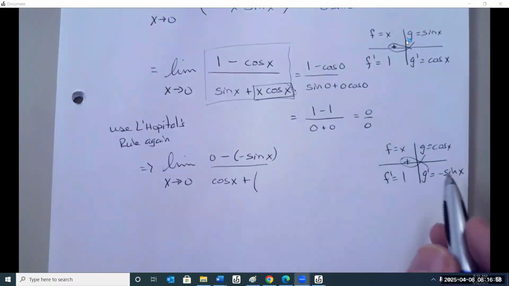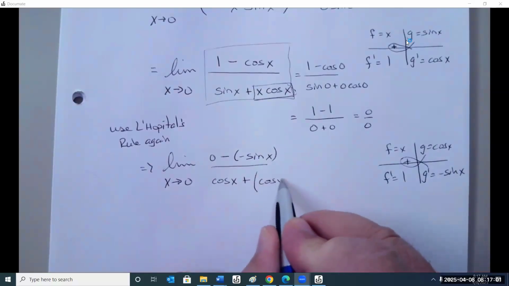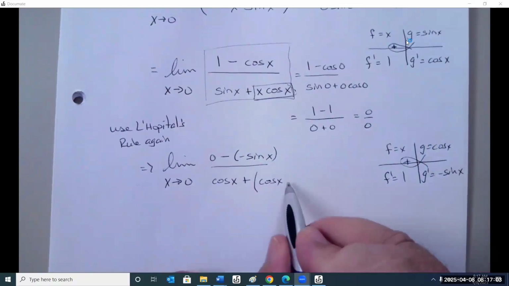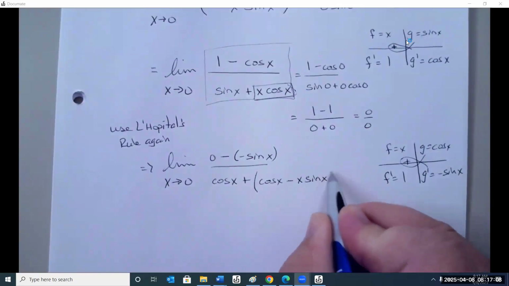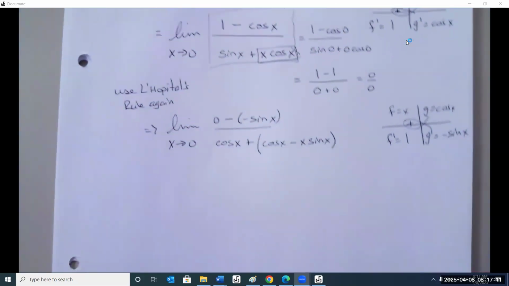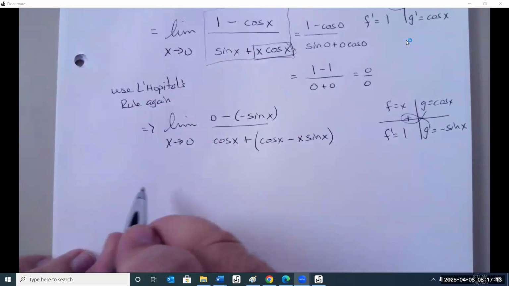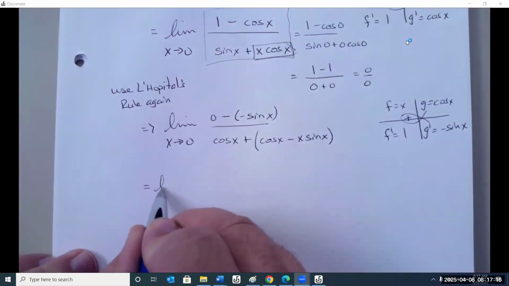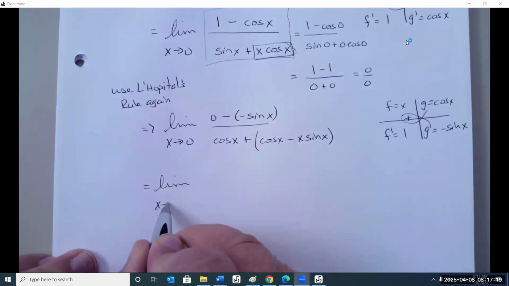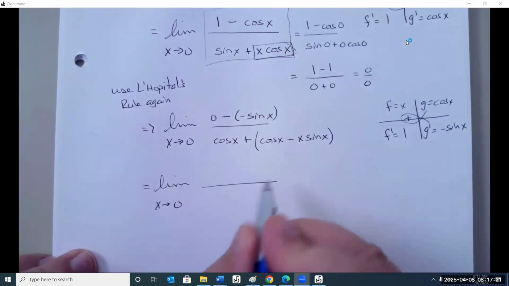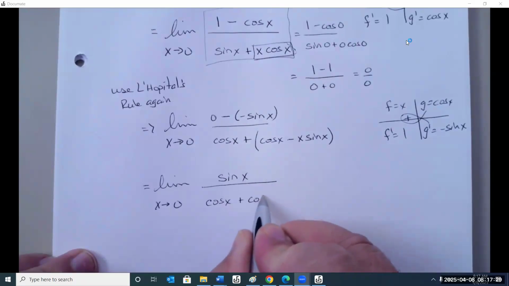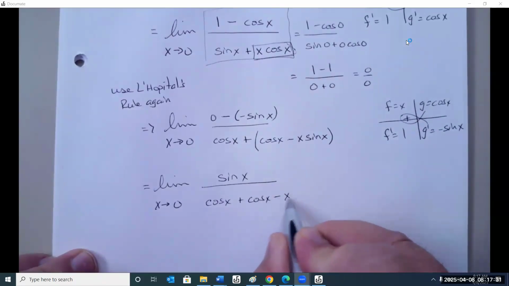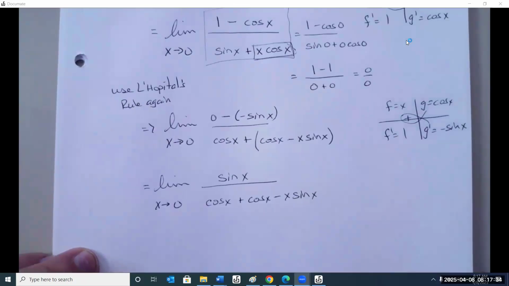So inside here, it becomes cosine x plus negative sine, which makes it minus x sine x. So we have sine x over cosine x plus cosine x minus x sine x.